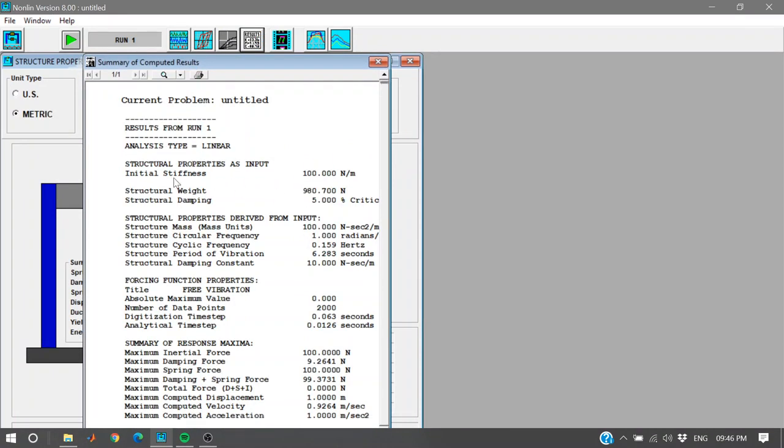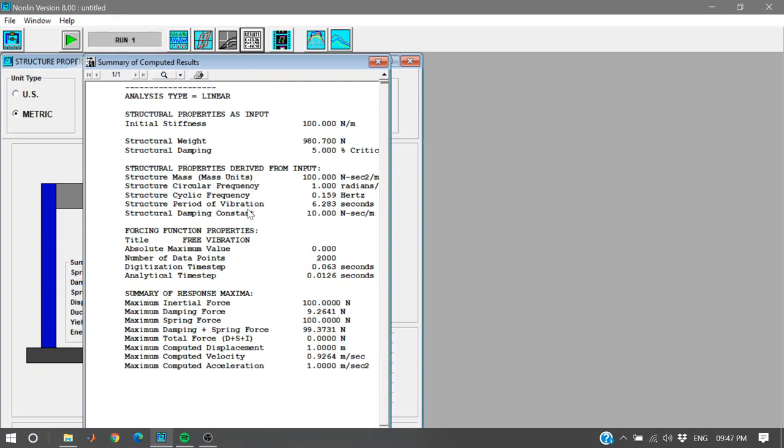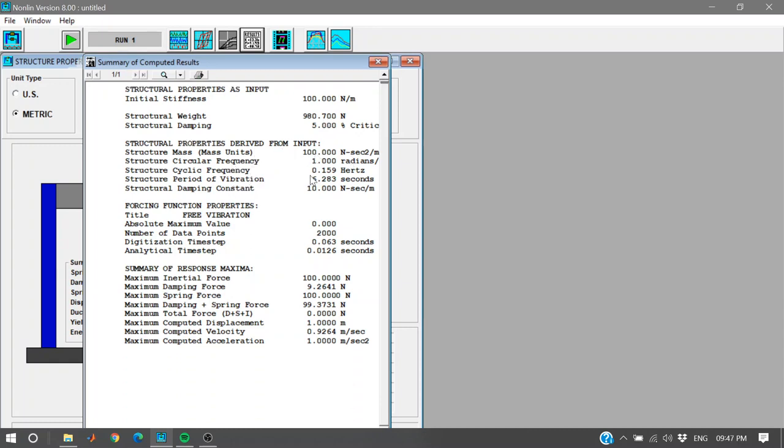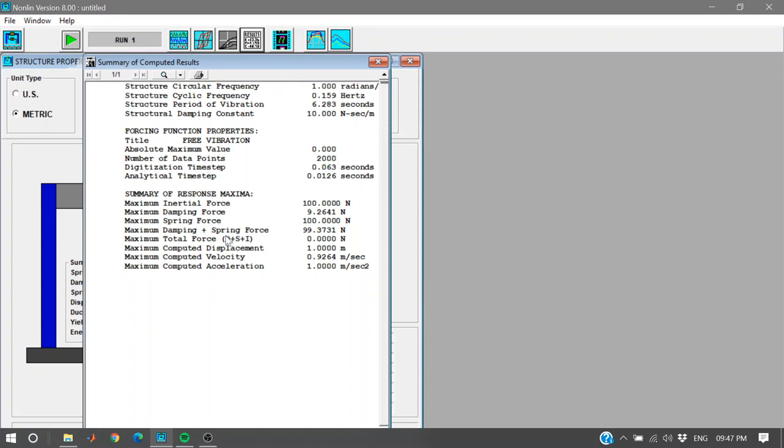Here we can see our initial stiffness was 100, structure's weight was this much, damping was 5%, and different input parameters which we have given. Then forcing function property, it was free vibration, absolute maximum displacement was 0, number of data points it has considered is 2000, and so on.